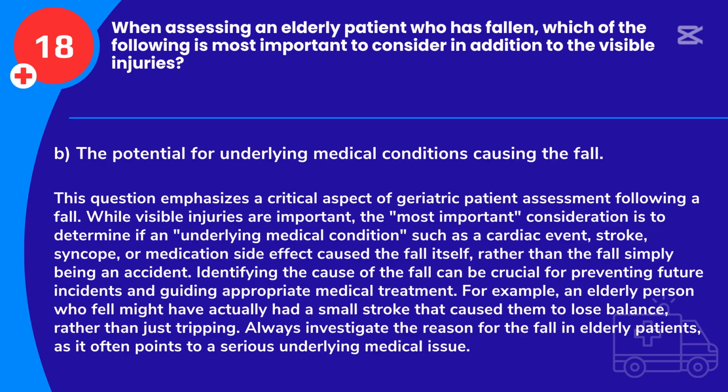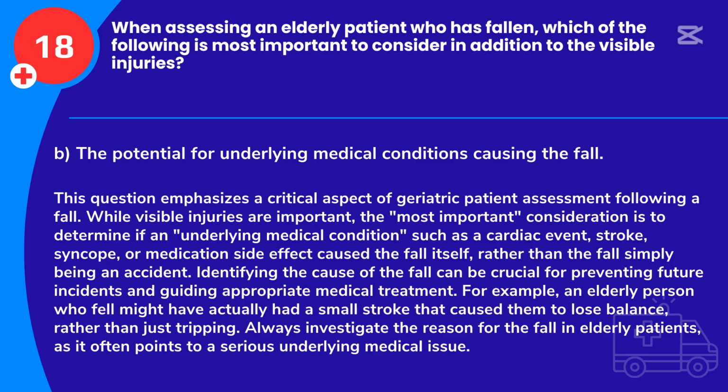Answer: B. The potential for underlying medical conditions causing the fall. This question emphasizes a critical aspect of geriatric patient assessment following a fall. While visible injuries are important, the most important consideration is to determine if an underlying medical condition, such as a cardiac event, stroke, syncope, or medication side effect caused the fall itself, rather than the fall simply being an accident.